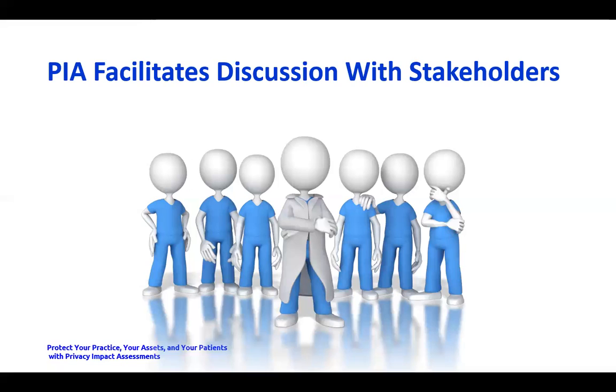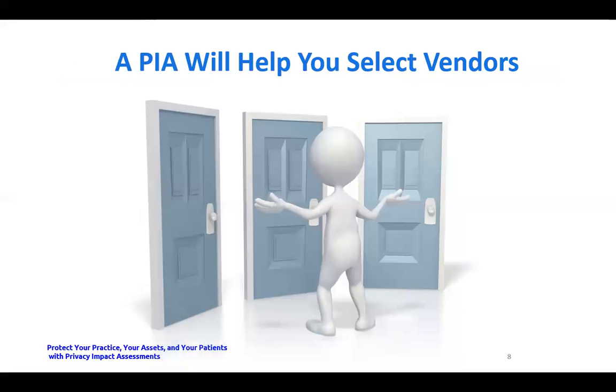So a privacy impact assessment is another good reason or an opportunity to contact your computer network vendors, your EMR vendors, your outsourced transcription or billing support vendors, to make sure that you're all on board and have the same plan in place. Now, a privacy impact assessment will actually help you to select good vendors.